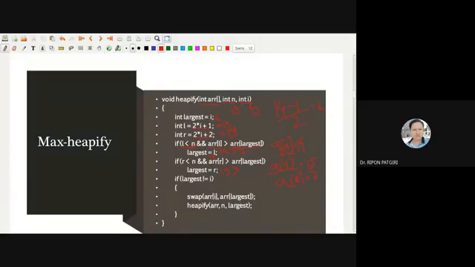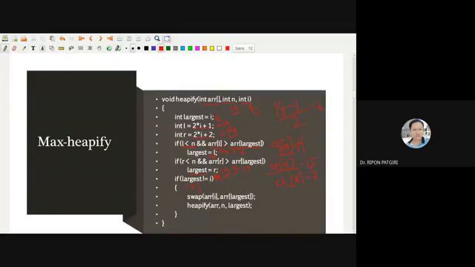Largest is assigned 13, and array of 13 is 14. So 15 is greater than 14, so the largest becomes R, which is 14. So largest is 14 here.